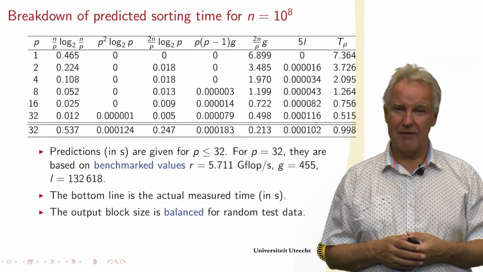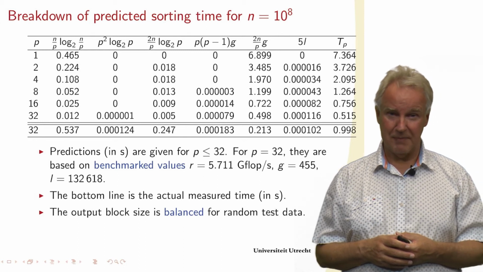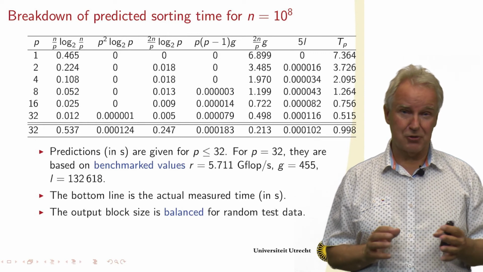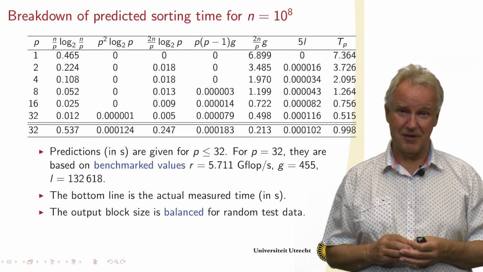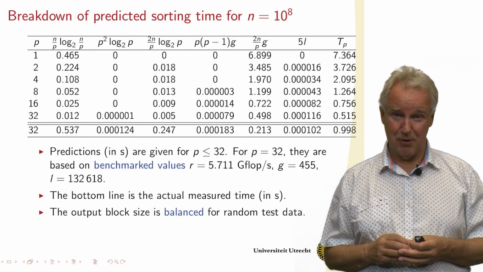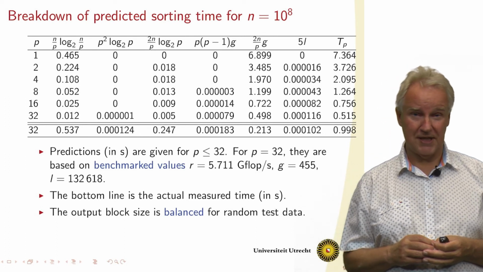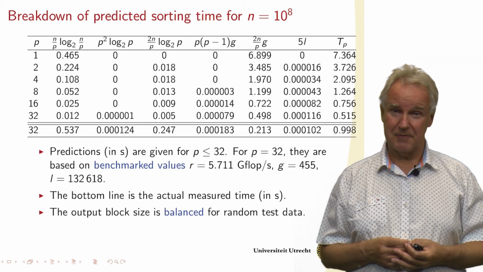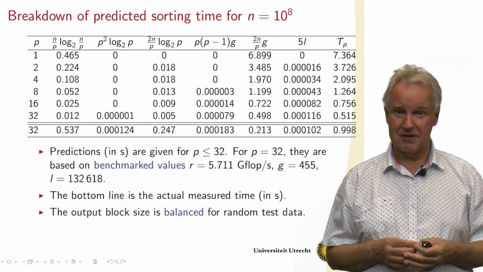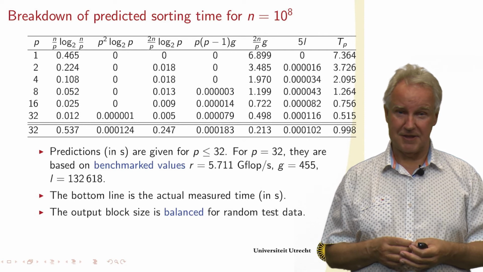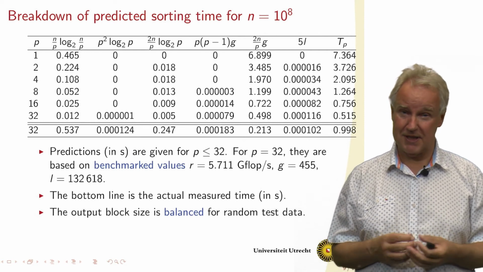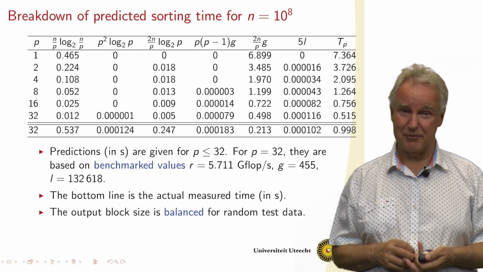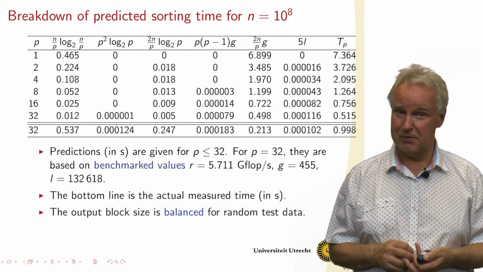So here we have a breakdown of the time of the algorithm of all the supersteps that we have. And the breakdown is based on a prediction, because we have our theoretical analysis. We measured the time that it takes on this particular computer, for example, to perform a flop. The flop rate is 5.7 gigaflop per second.